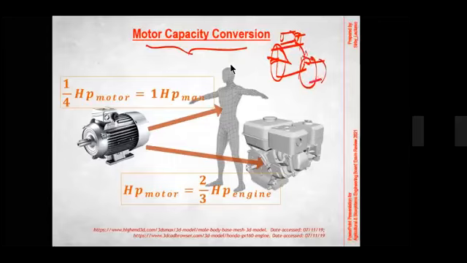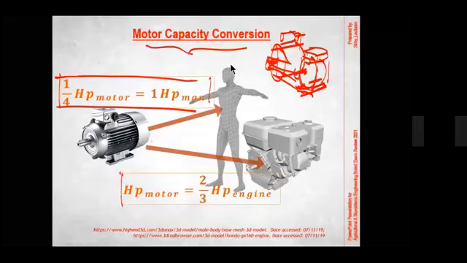Then what's going to be the size or the capacity of the engine? So we have these conversions. For motor horsepower, 1 HP of motor is equal to 2/3 HP of engine.